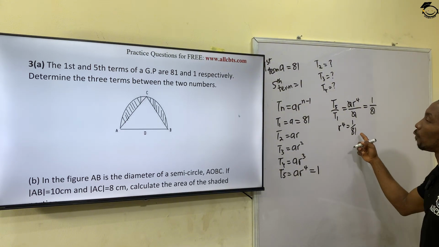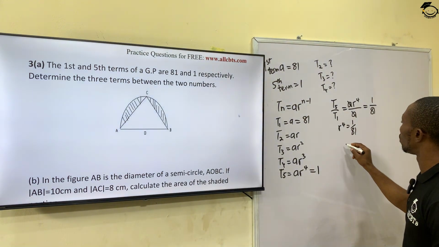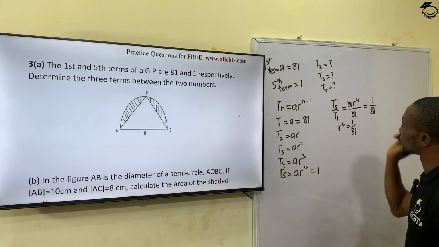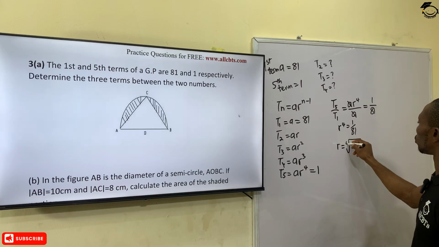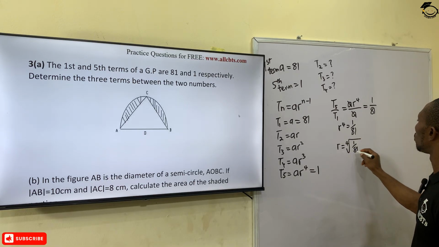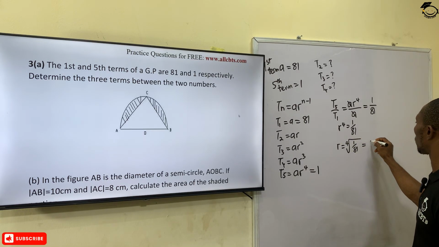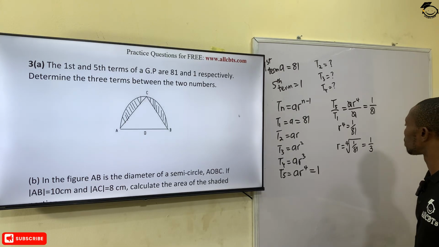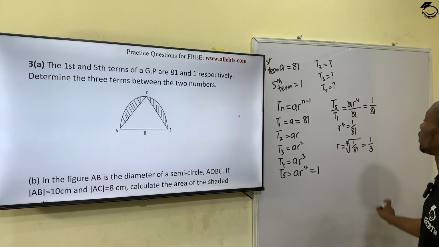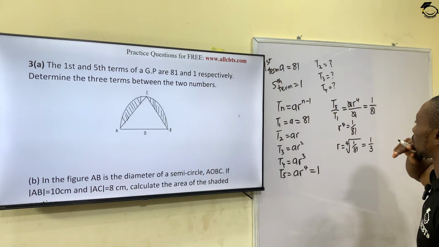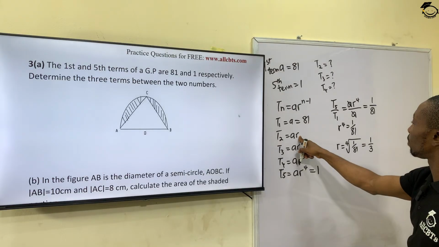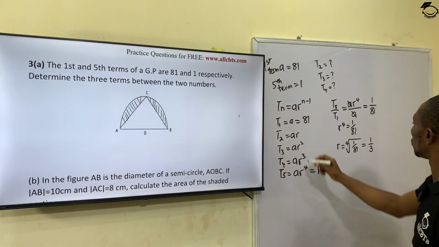So we take the fourth root of both sides. This becomes R equals the fourth root of 1 over 81, which leaves us with R equals 1 over 3. Now, knowing that the common ratio is 1 over 3, we can input our values into T2.